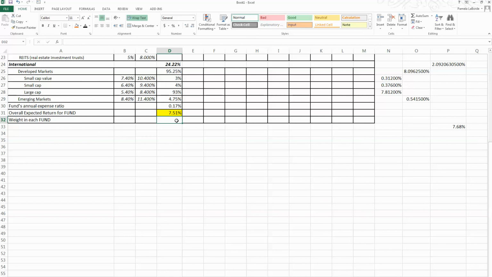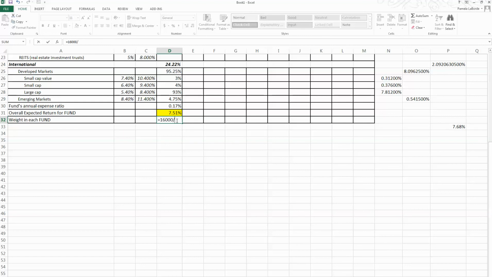Now my weight for my fund, my Sims had $32,000 saved up. At least Joe did. This is just for Joe. Joe had $32,000 saved up, and Jane had $12,000 saved. And in this particular fund, the Life Strategy Fund, they have $16,000.